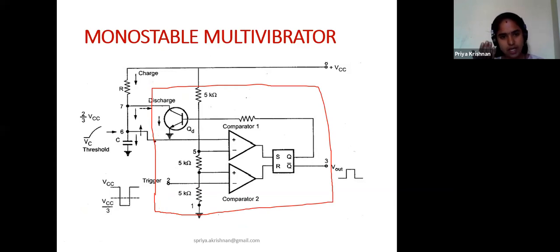If you purchase an IC 555 timer IC, inside the IC itself, all this will be there. If you want to operate the timer IC in monostable multivibrator mode, you connect only this external resistor and one capacitor. It helps to charge and discharge.